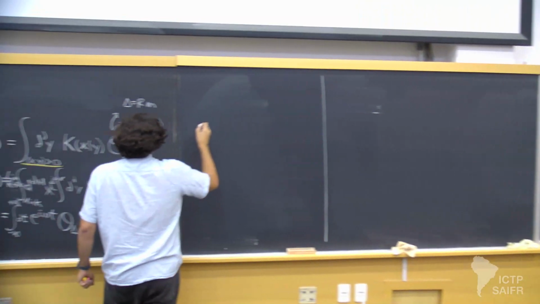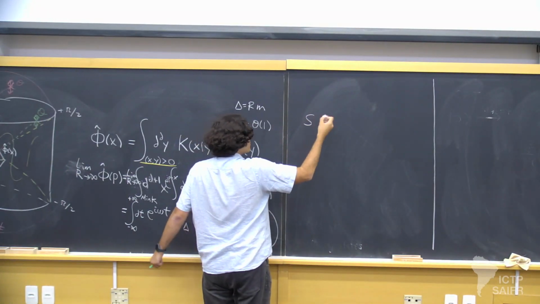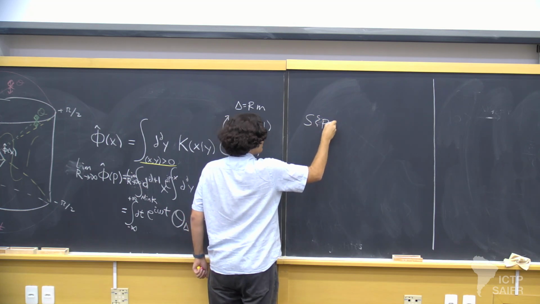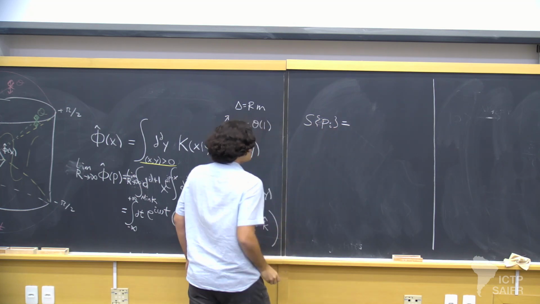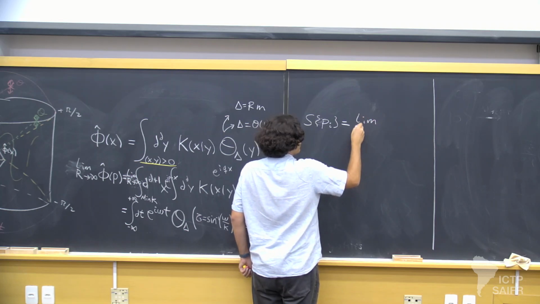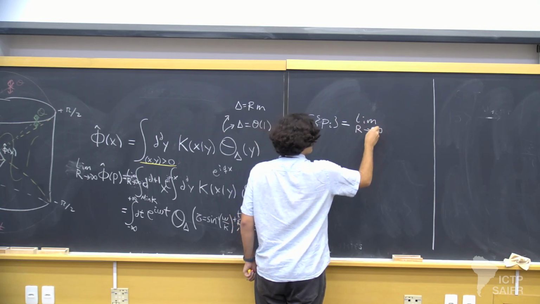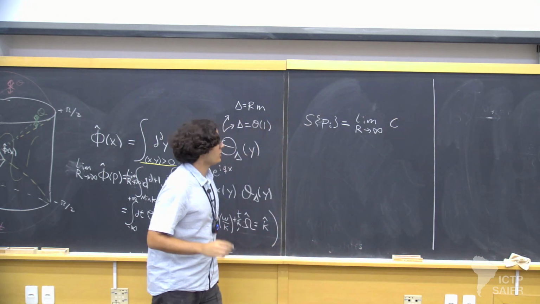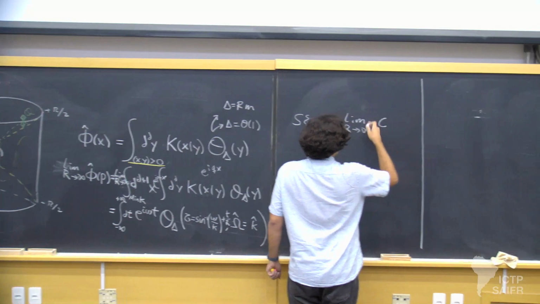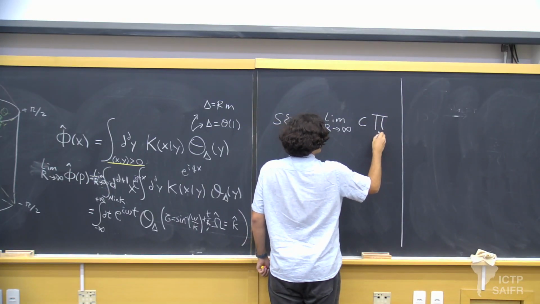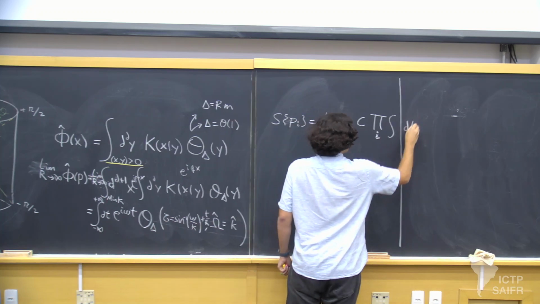The formula is simply that the S matrix associated to this process, which involves some momenta p_i, is some limit where the radius of AdS goes to infinity of some normalization constant that I won't bother you with, but you have to take care of it, and then some product of integrals that come from these time smearings.